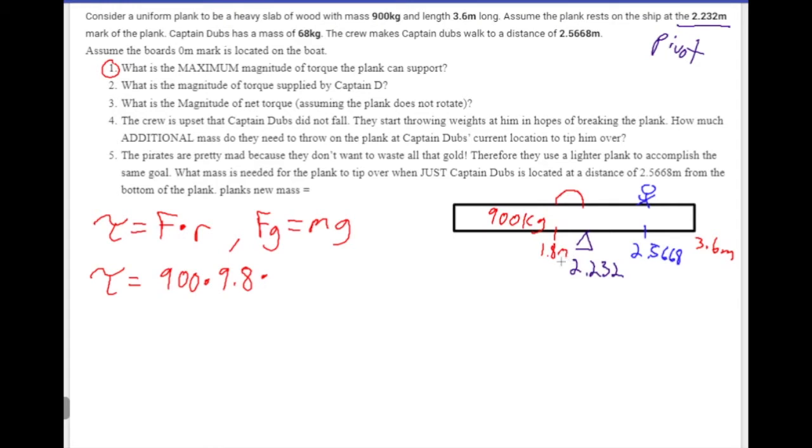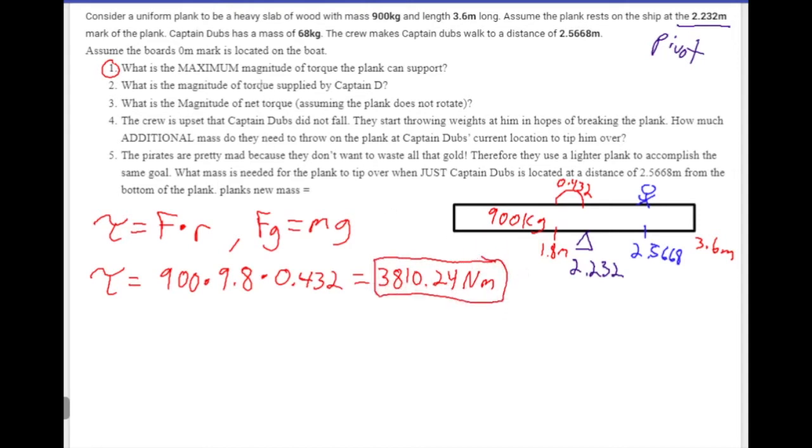So in this case, our R value should be 2.232 minus 1.8, which is 0.432. So times 0.432. When I do that, I find out that the torque should be 3,810.24 Newton meters.